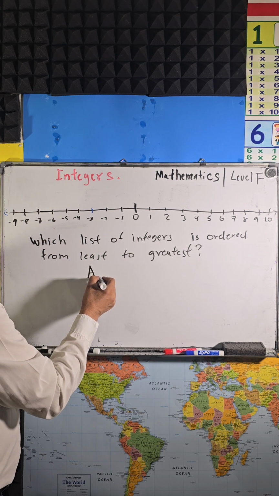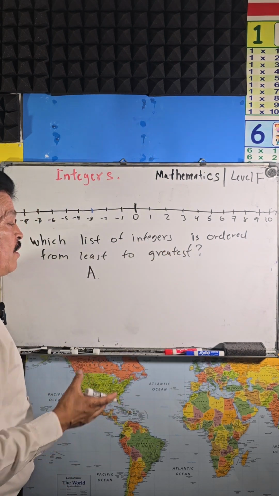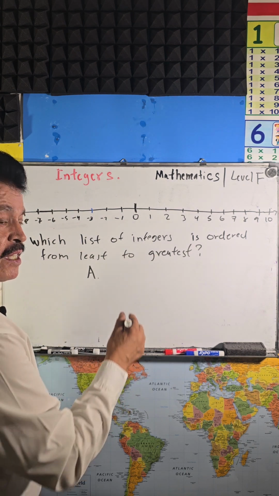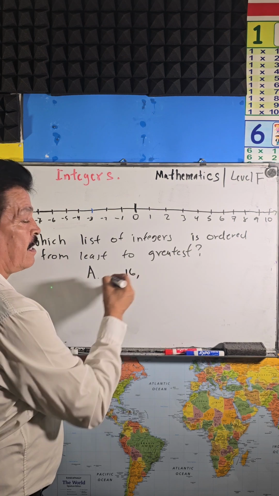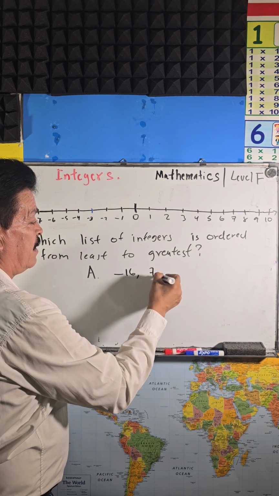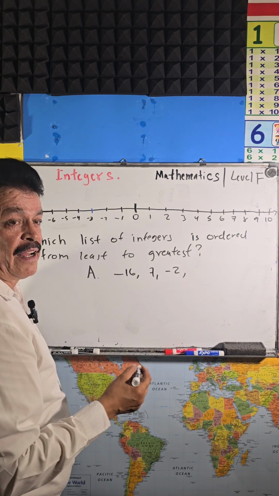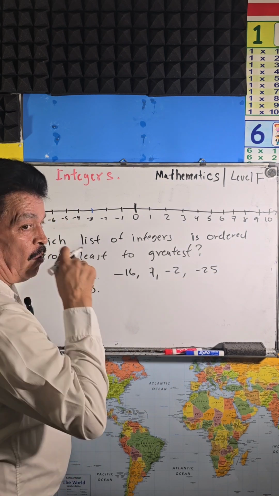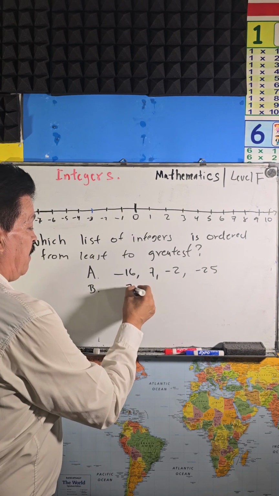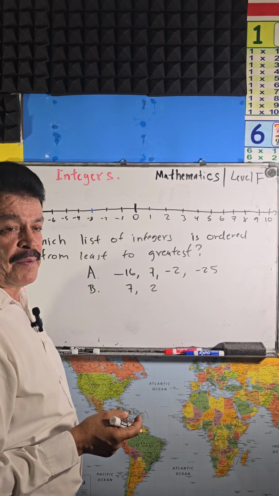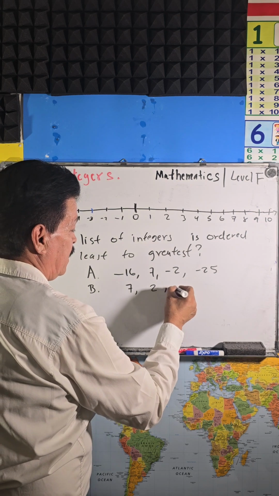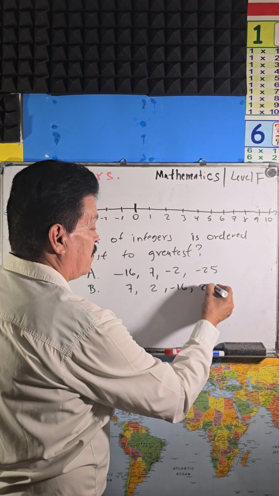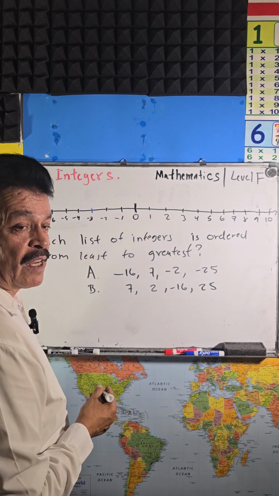It's also like this. You have the question and 4 possible solutions in each question. So this one, let me write negative 16, 7, negative 2, and then negative 25 is A. Let's write B: 7, 2, negative 16, and negative 25.